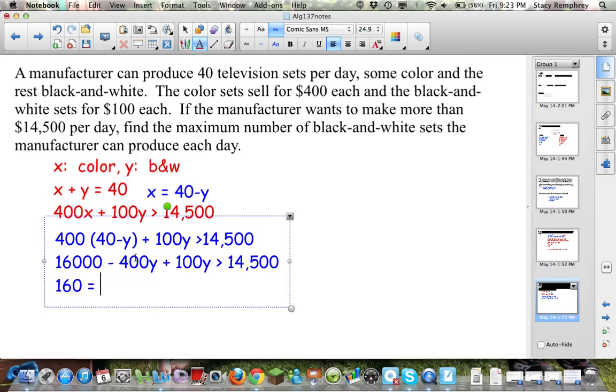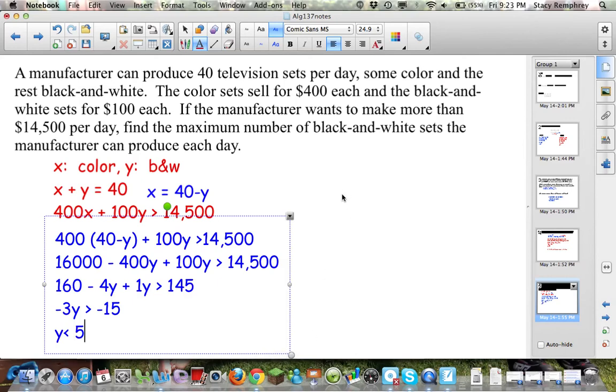You don't have to do this step. Then I get negative 3y greater than negative 15, so y is less than 5.